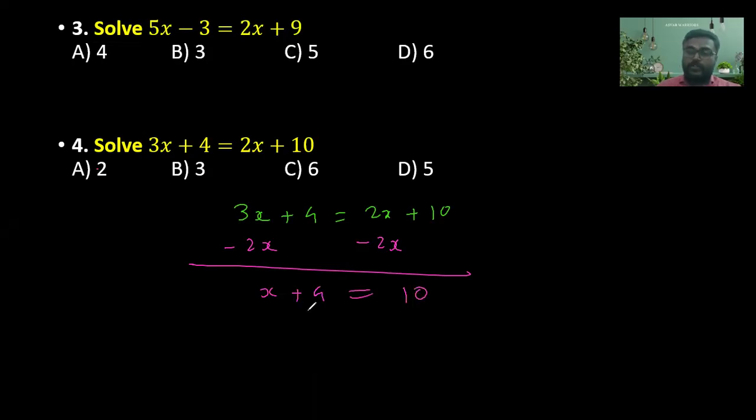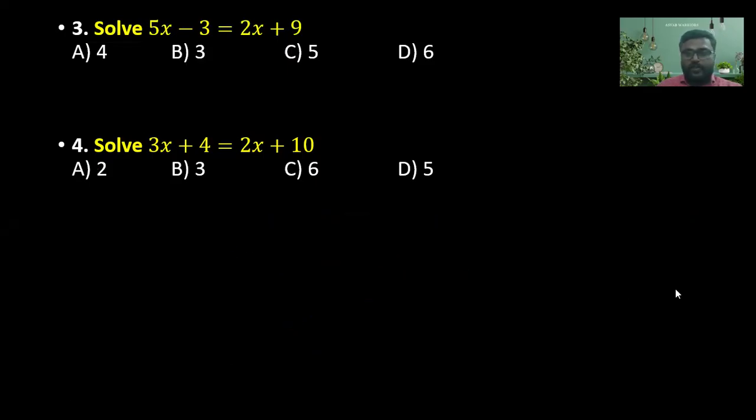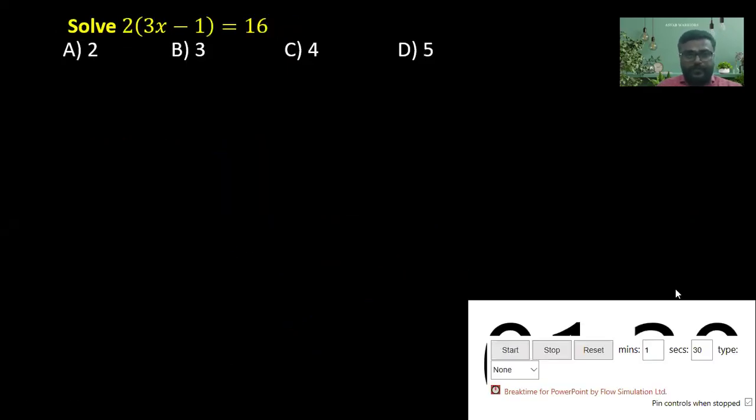What is remaining? Positive 10. So I'll just write it as 10. Subtract 4 from both the sides. What do I get? X equals 6. That is nothing but our answer. Now, let's try to solve the next question. Here we go. Your time starts now.